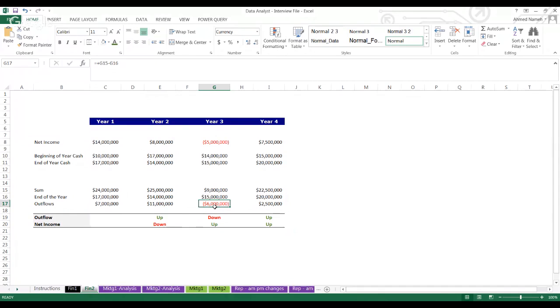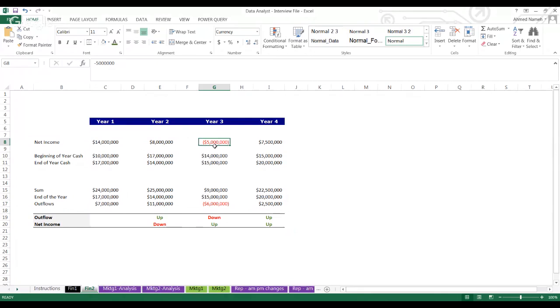What that means in simpler terms is that the company saw cash inflows of about $6 million. So you have more cash coming in, but net income for the company decreased significantly, going from positive 8 million to a deficit of 5 million.